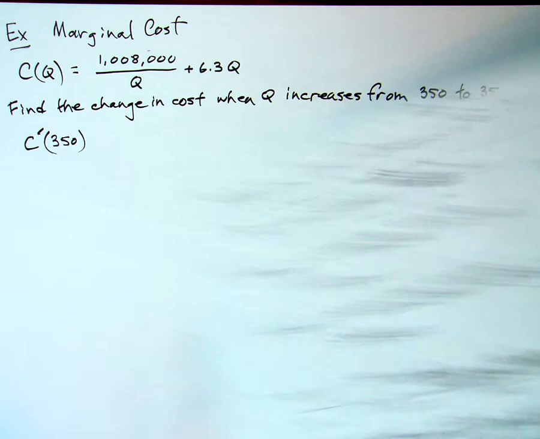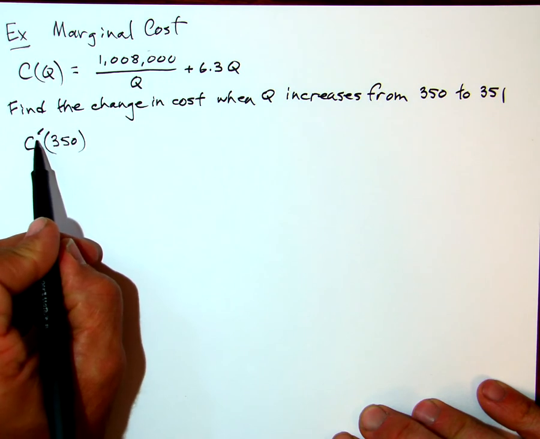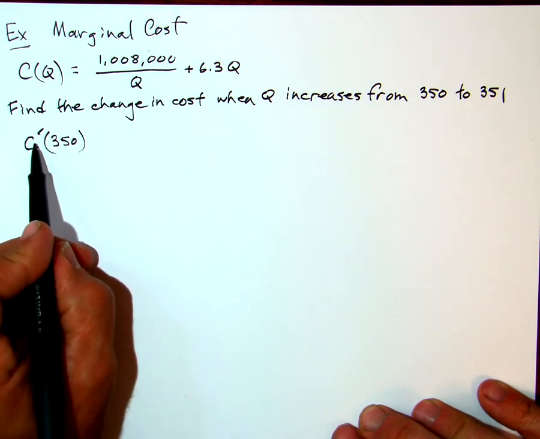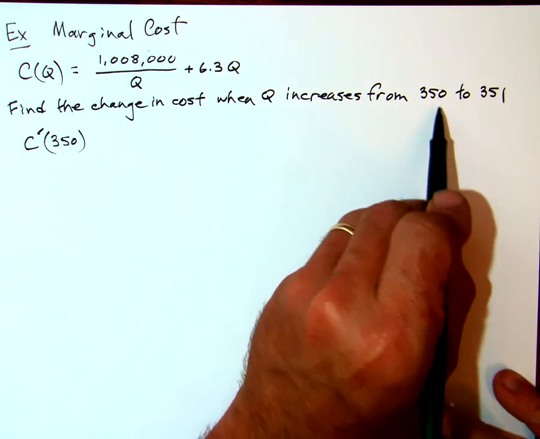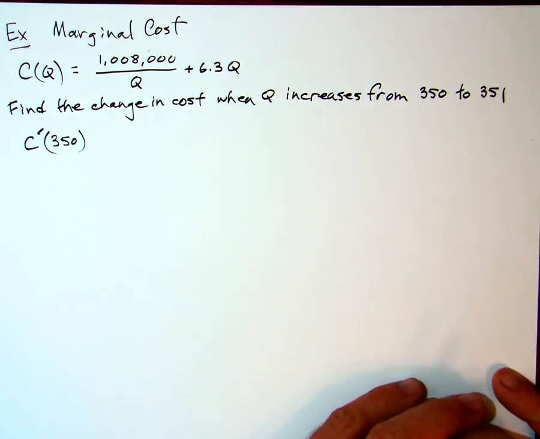So that's what marginal cost is. It says, how is cost changing right at the 350th order? We use the lower end here because we're going to use that to project what the cost of the 351st order would be.